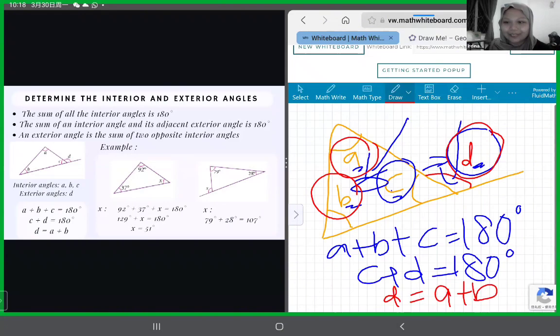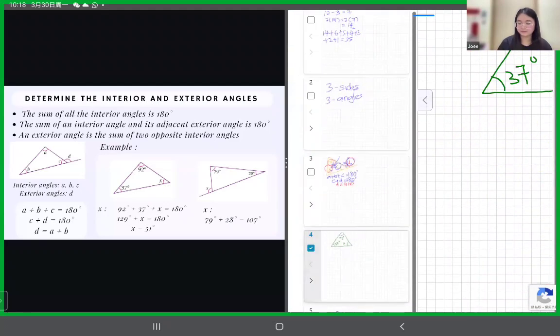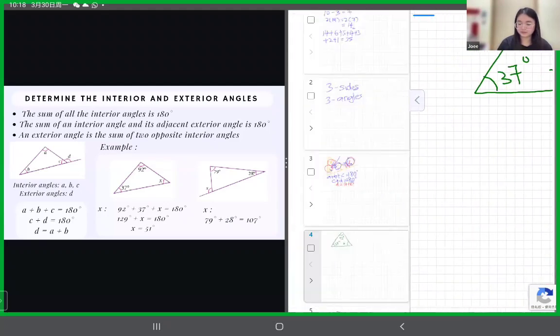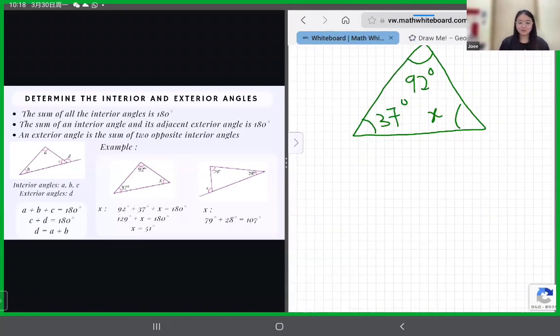Okay, so now we will see the examples. For this example, we already know a triangle has 3 angles, right? Now we already know 2 of the angles, so we can find the third one.